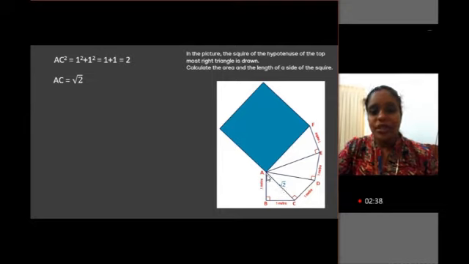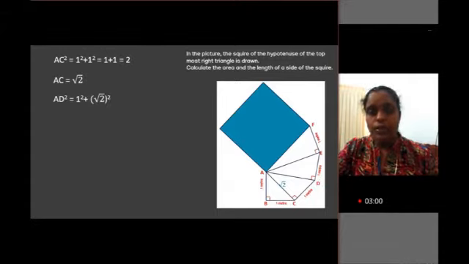Again, next we are going to find the length of AD. Here the length is 1 meter, here it is root 2 meter. So here also this is a right angle triangle. So again we can find the length of AD by using Pythagoras theorem.